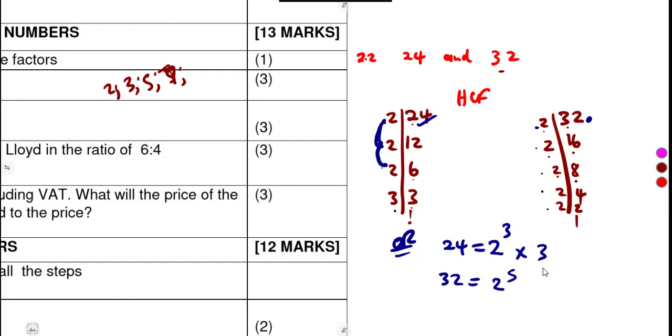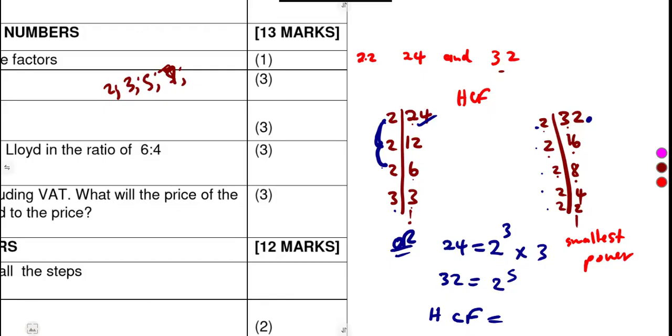So if you write your numbers this way, how do you determine the highest common factor? Remember, the number has to be common, and we must take the one that has got the smallest exponent or the smallest power. So as we can see, 2 here is common.